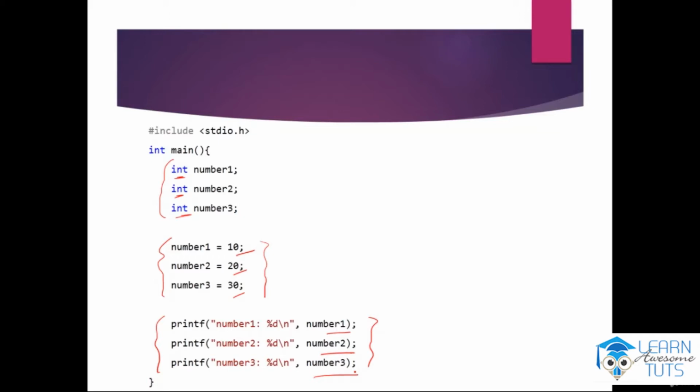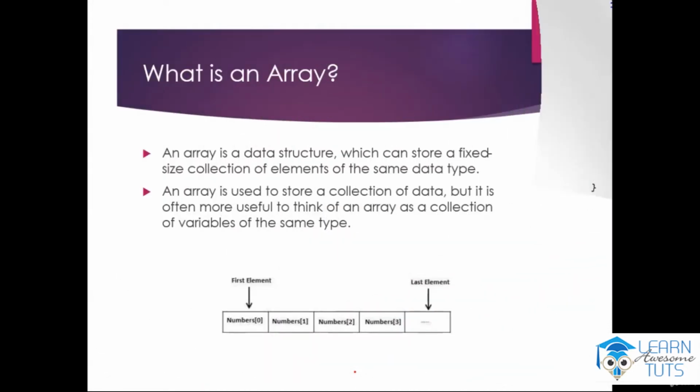Now let's assume we have to store 5,000 integer numbers. Are we going to use 5,000 variables? Actually not. So to handle such situations, almost all the programming languages provide a concept called array.